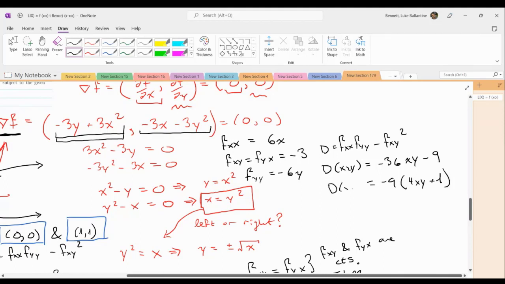This is D of (x, y), a function. So D of (0, 0) would be -9, which is less than 0. D of (1, 1) would be -9 times 5, which is -45.